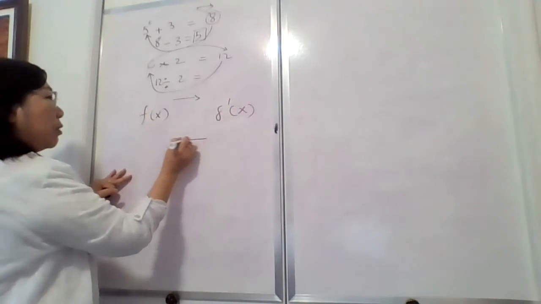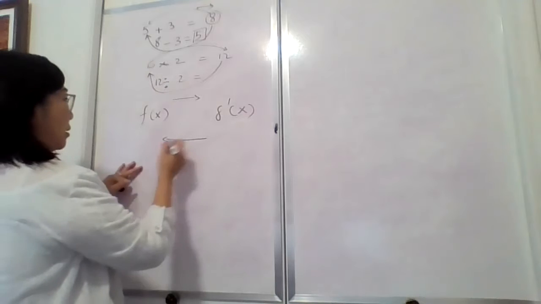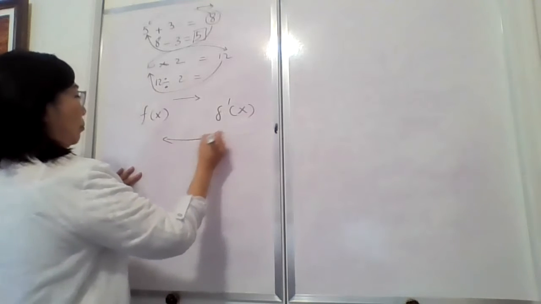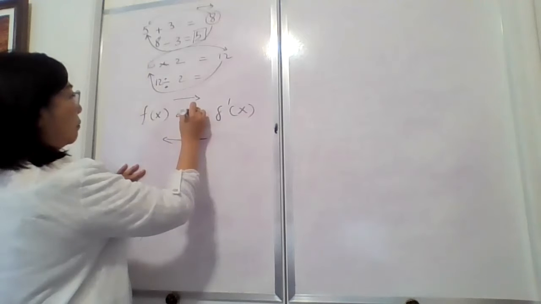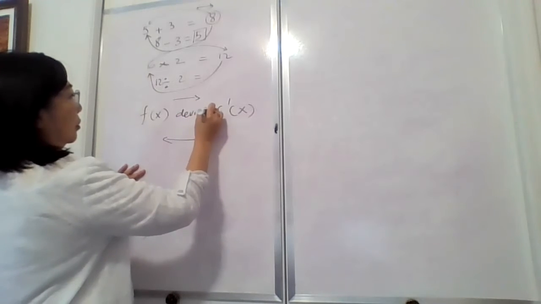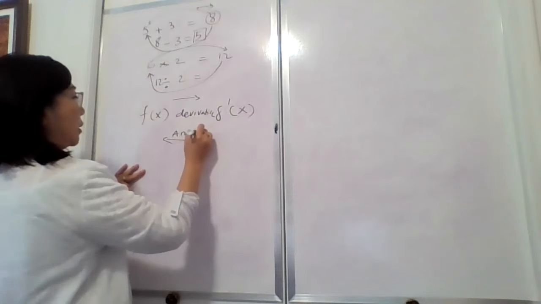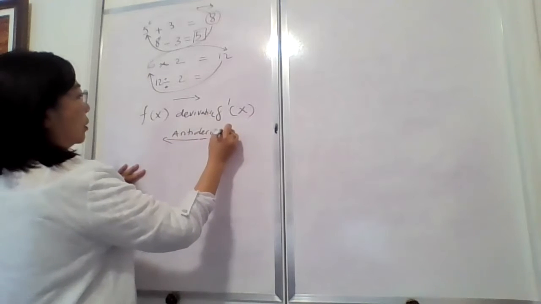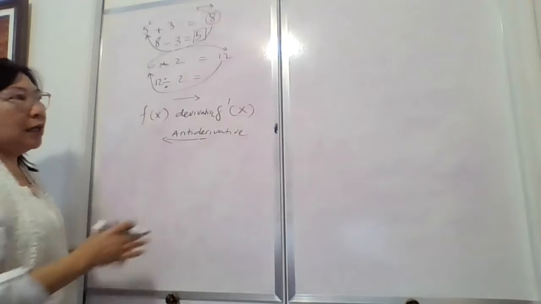Now if you want to go backward, just like this, what do you do? You do the antiderivative, right? Going forward is the derivative, and going backward is the antiderivative. So it's just a matter of moving forward and moving backward.